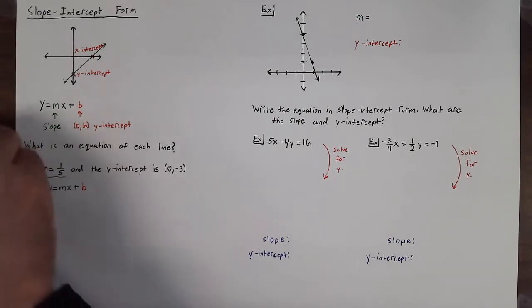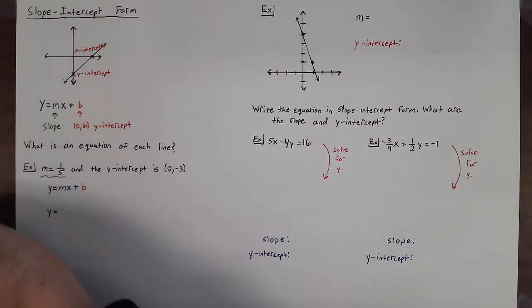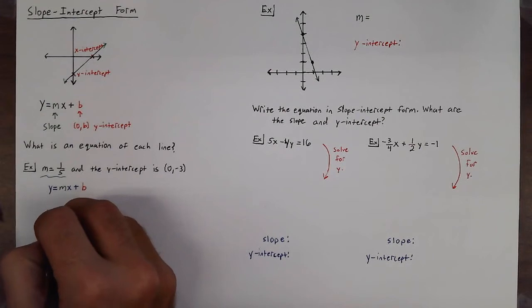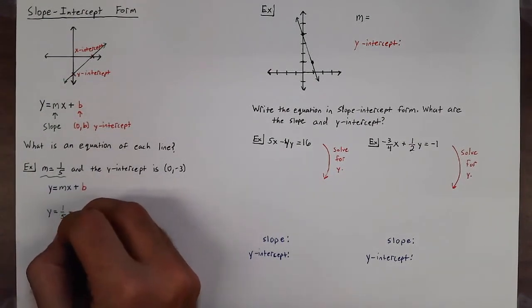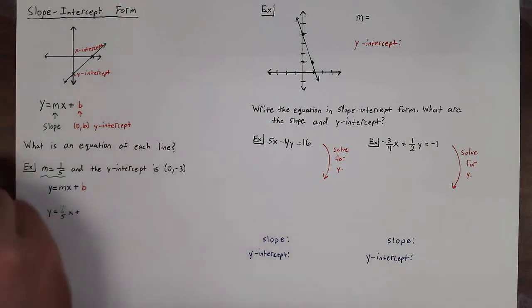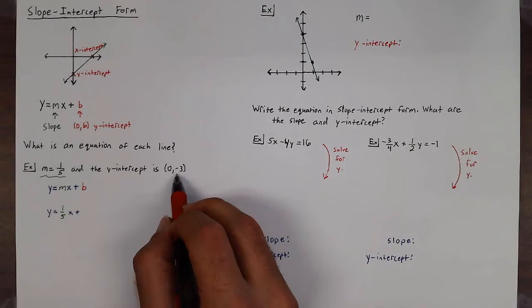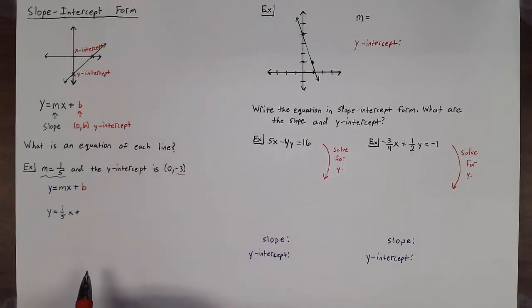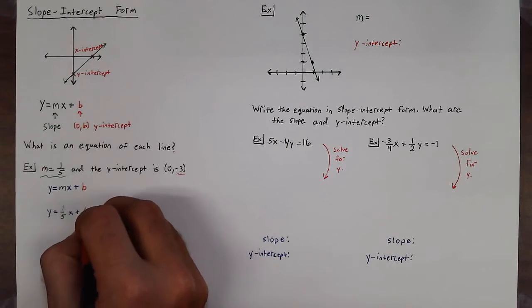So I can plug in 1/5 for m. And for b, I know that the y-intercept is (0, -3). I'm going to focus in on the y-coordinate to be my b value, so plus -3.